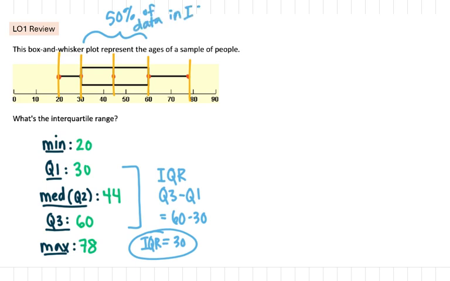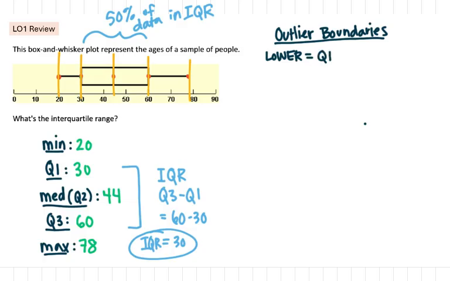Okay, if we want, we could also calculate the upper and lower boundaries to see if there's any outliers. So the lower boundary, if you remember, you just take Q1 and you subtract 1.5 times the interquartile range. So in this case, 30 is Q1 minus 1.5 times the interquartile range of 30.